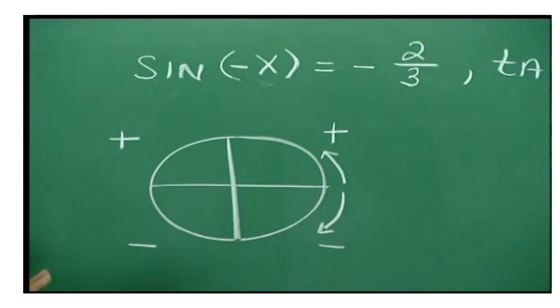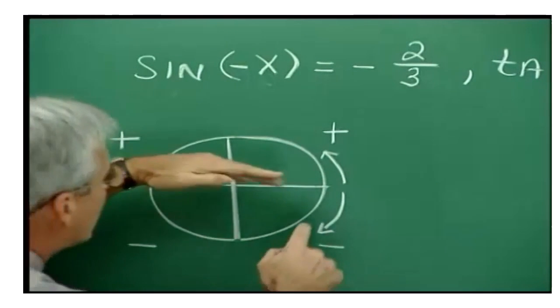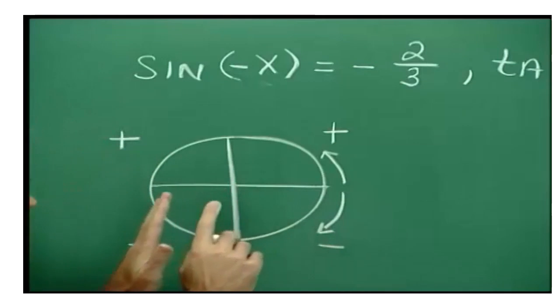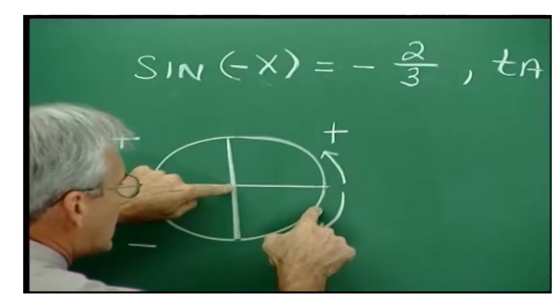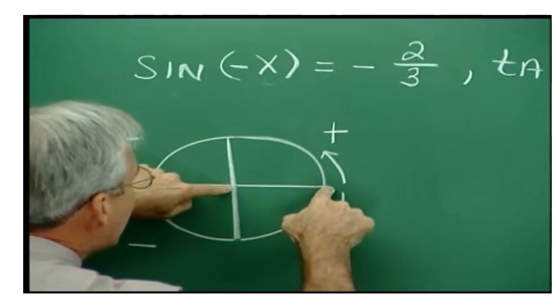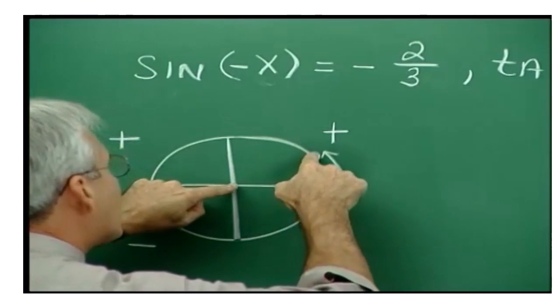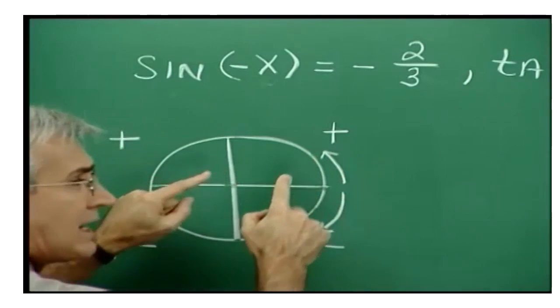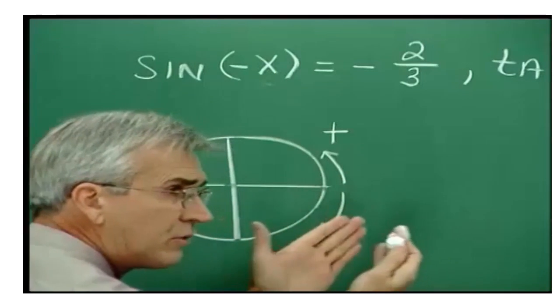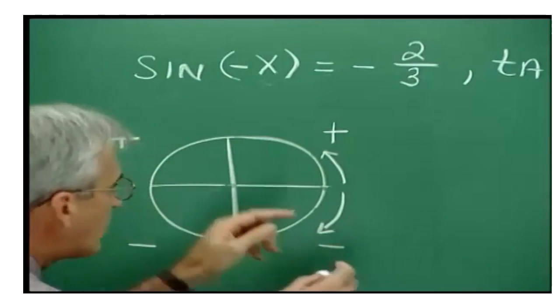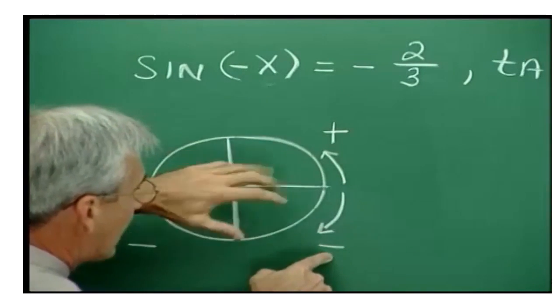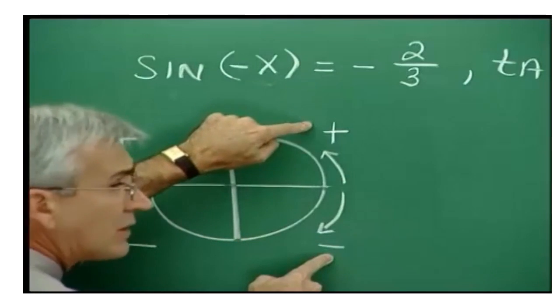Okay, now, with that in mind then, if we're thinking about a negative angle of, let's say, 30 degrees. So we have negative 30 degrees, and up here we would have 30 degrees. Well, it's the idea that the numerical part of the answers will be the same, but the signs will be different, because the sign of an angle is negative in this quadrant and positive in this one.